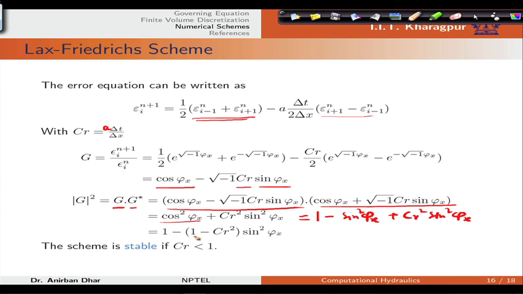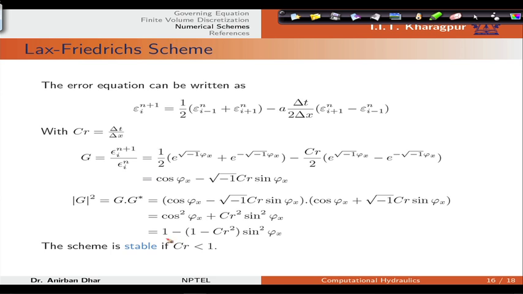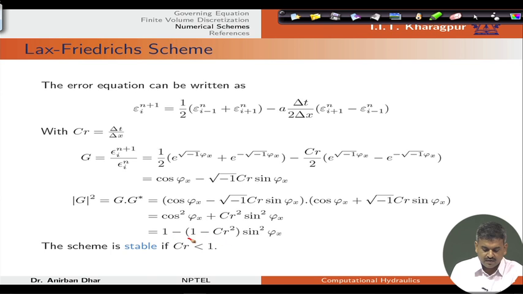In this particular case, we have 1 minus some quantity. If CR is greater than 1, then this quantity will be negative, and negative of negative will be positive. So, 1 plus some quantity.